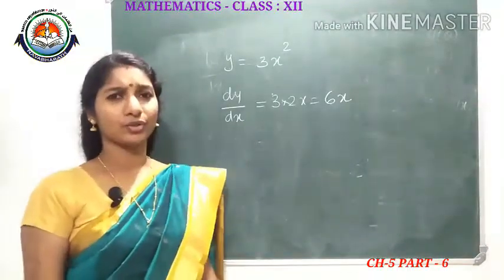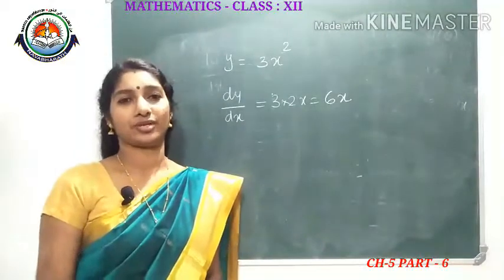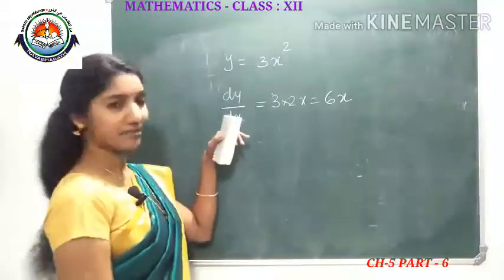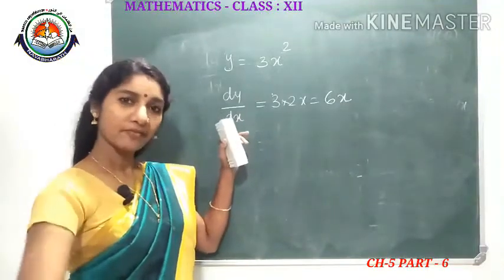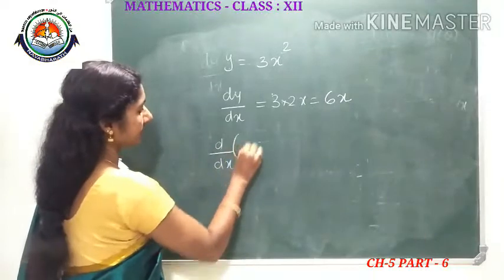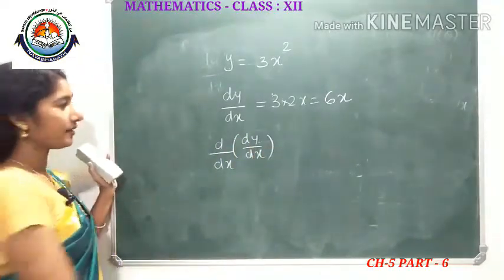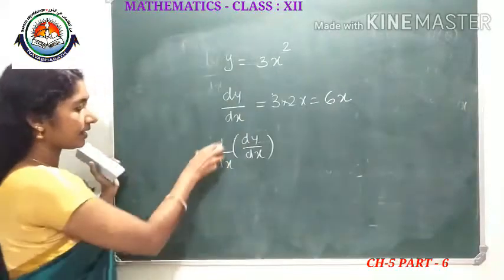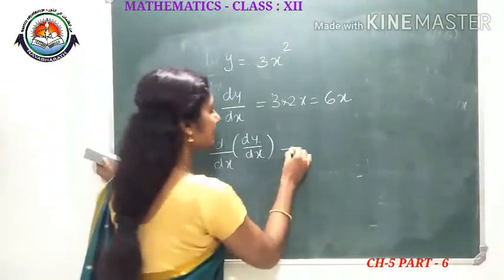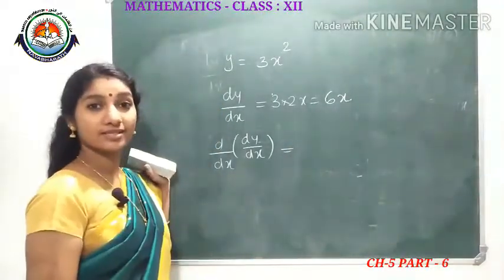And we are going to differentiate this equation again with respect to x. One more differentiation. We did one differentiation, that is dy by dx. We are differentiating one more time, that means d by dx of dy by dx we are doing. Derivative of this function with respect to x. What is the derivative of 6x with respect to x?